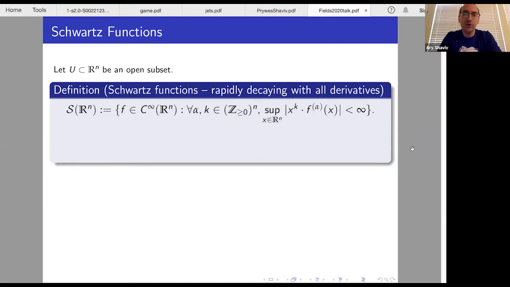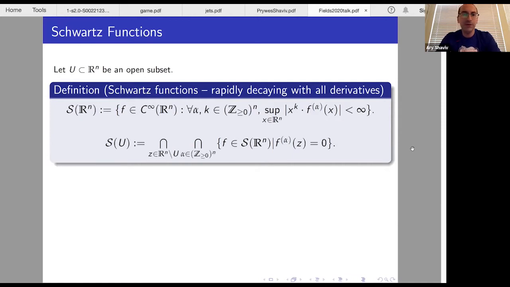So these are Schwartz functions on Rn, and Schwartz functions on our open set U will be Schwartz functions on the big space Rn, such that for any point outside our set, we need to think about it as for any point outside our set, the Taylor series of our f at this point is identically 0, which is to say for any point z and any partial derivative of f, the value of the partial derivative at this point z is 0.